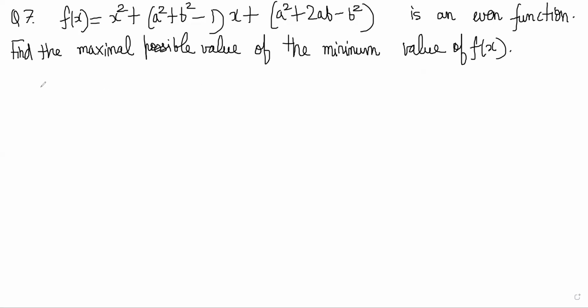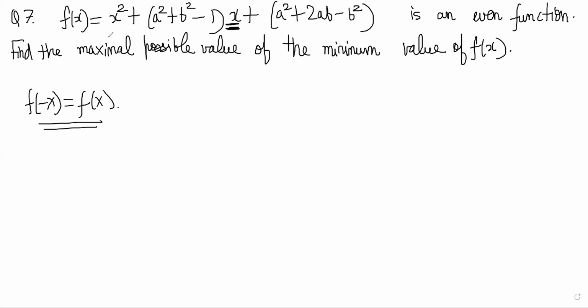Now, if it's an even function, f of minus x must be equal to f of x, right? That is the definition of an even function. And if you think about it, you cannot have an even function with an odd power of x. If this term is present, the function cannot be even.